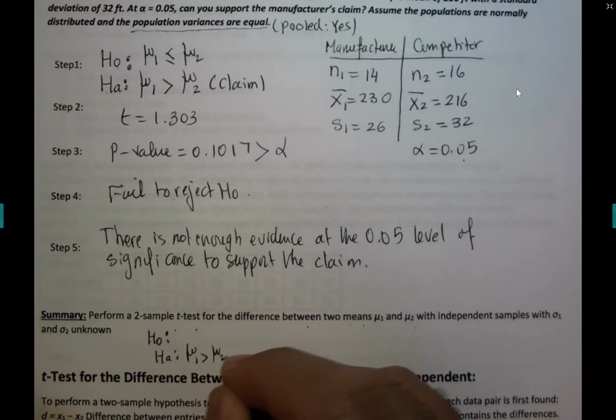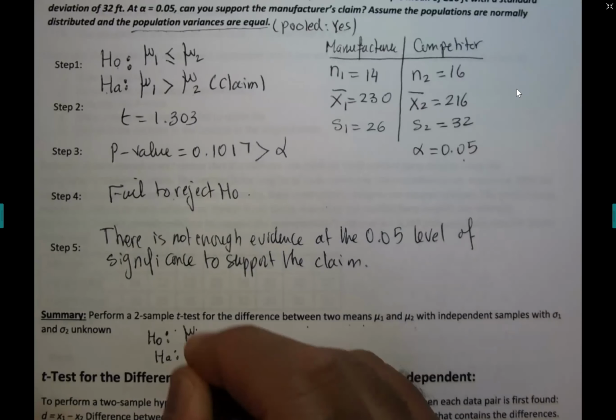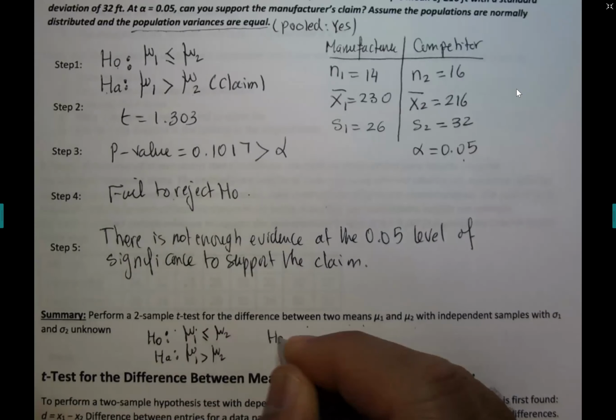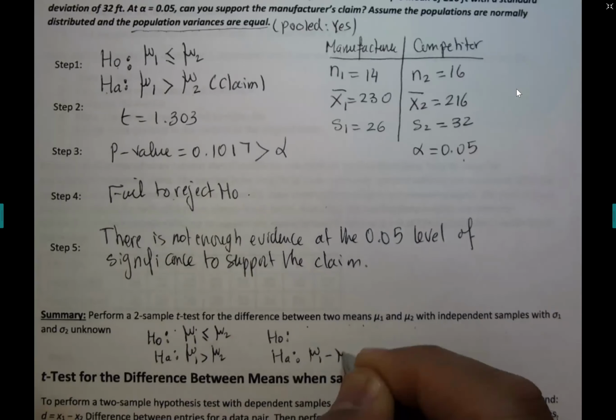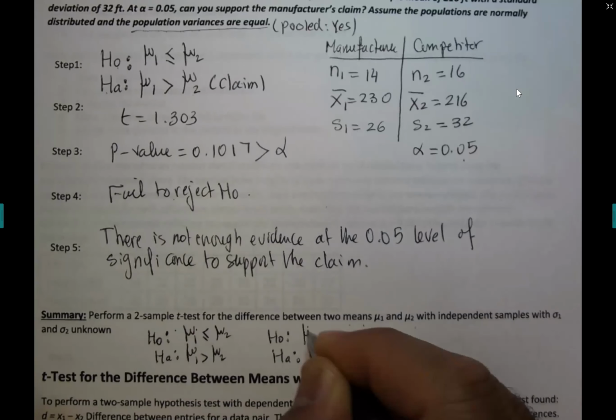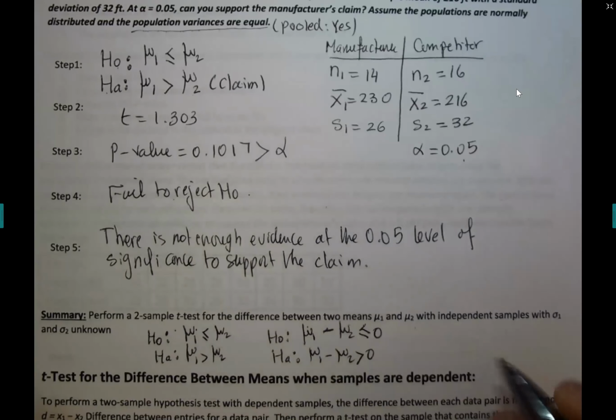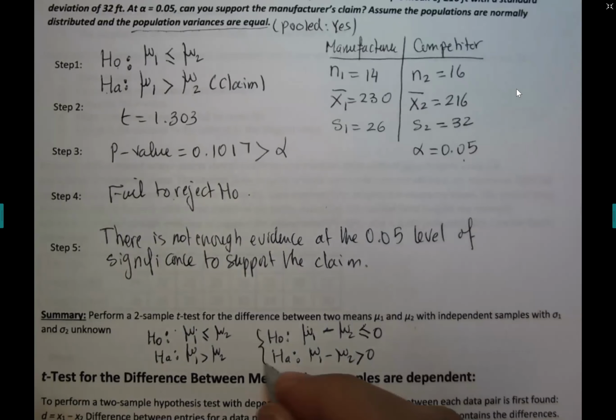And I'll show you that some books write this slightly different. They write it like that, and you guys tell me if you think that this is exactly the same. Would you guys agree that those two statements are exactly the same?